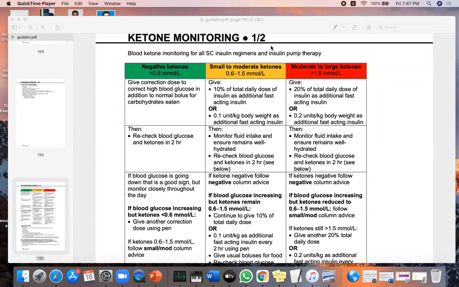This is the sick day rule. This is our topic today. Okay. So I am going to discuss one by one why this topic is so important. Why? Because there are many pediatric patients with type 1 diabetes we see every day in our OPD and emergency.